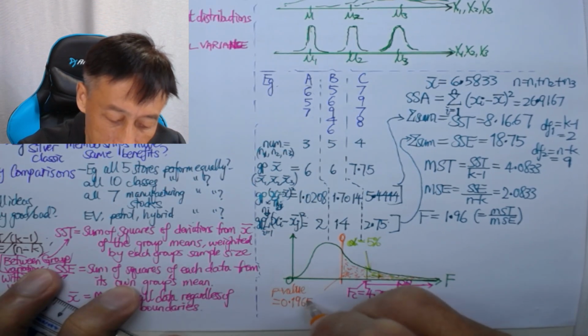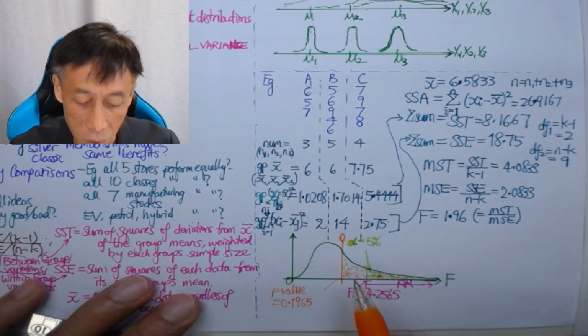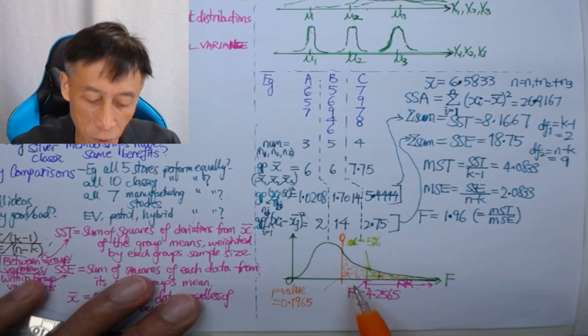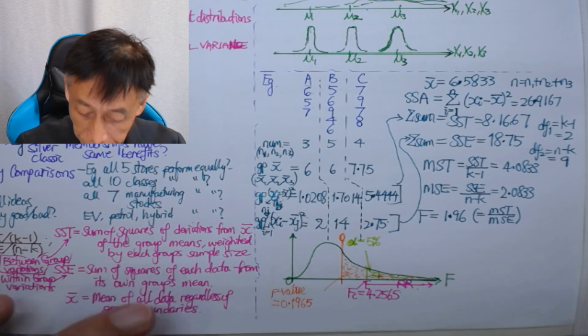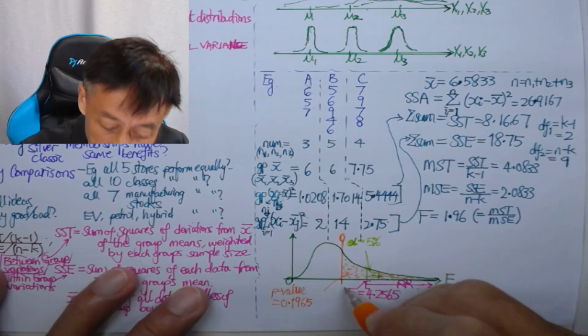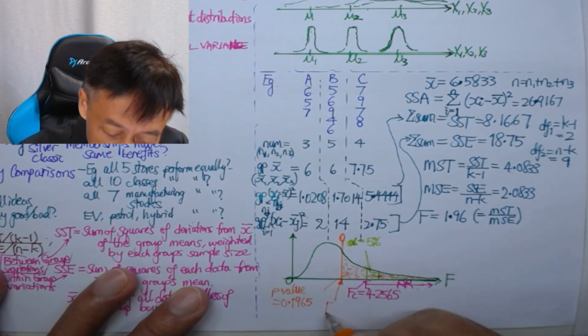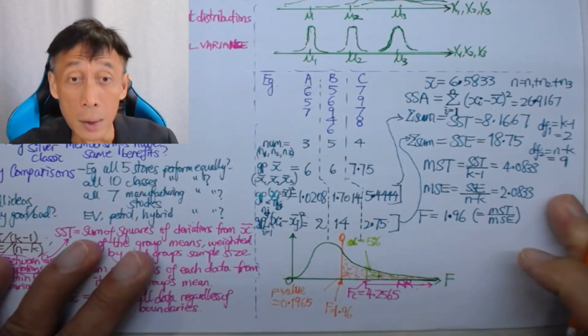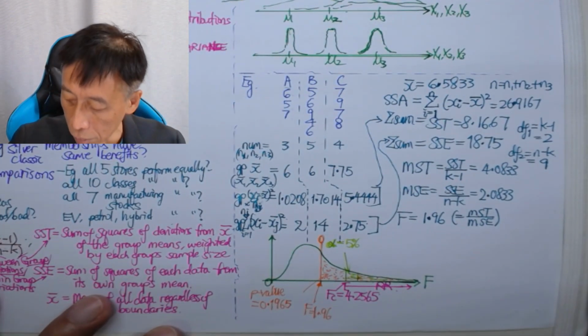Not surprising, a lot larger than 5%, because certainly the Google pin is far to the left of alpha or FC for that matter. Over here, this points to exactly F equals 1.96. Can you see here? Yes, okay. So what do we do?